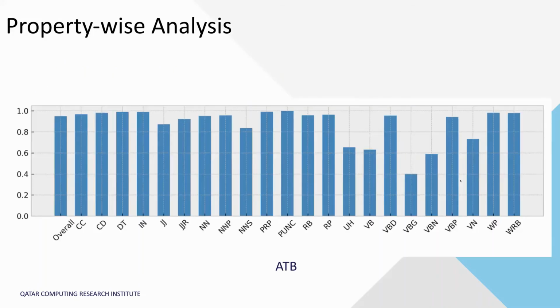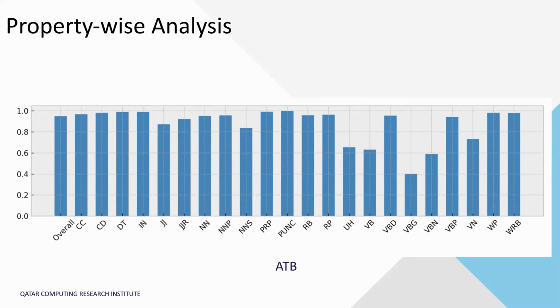And okay, so we have seen the overall layer performance, the layer-wise performance, and the neuron-wise performance. Next, we'll dive further and look at property-wise performance.